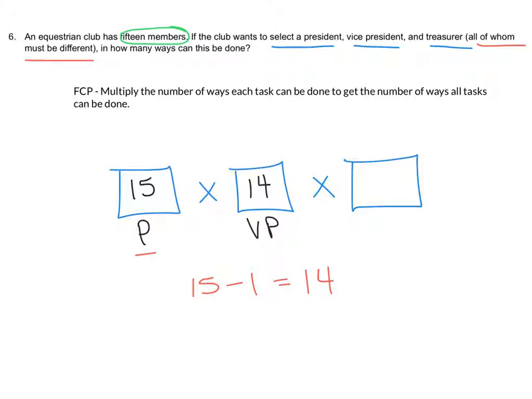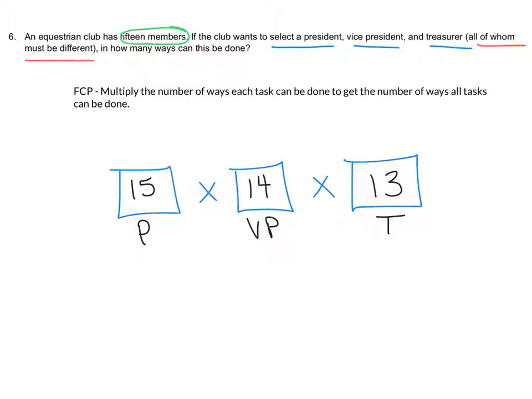Now I'll move on to the treasurer. And I need to determine the number of ways to select a treasurer. Well, I already selected someone to become president, and I already selected someone to be the vice president. So, how many people are left? Well, there's 15 minus 2 equals 13 people left to choose from. So, there's 13 ways to assign a treasurer.